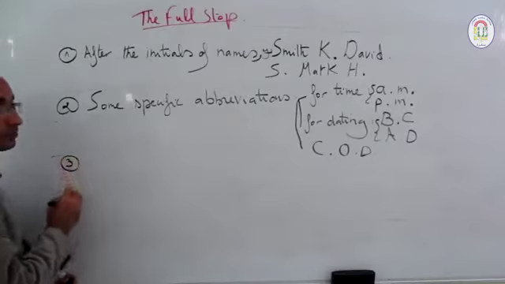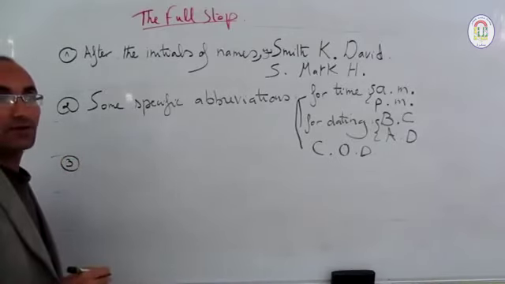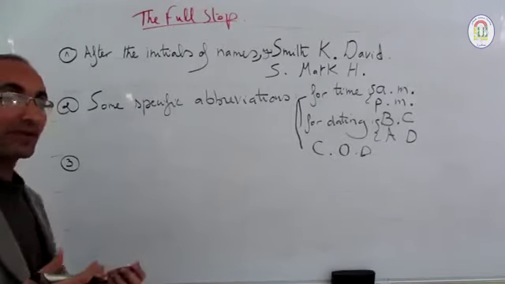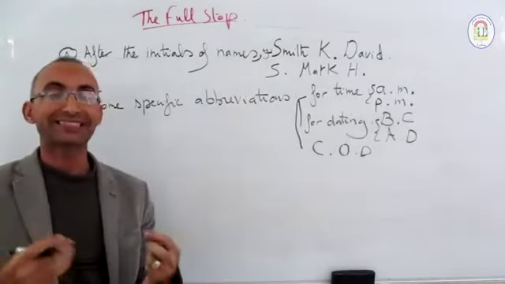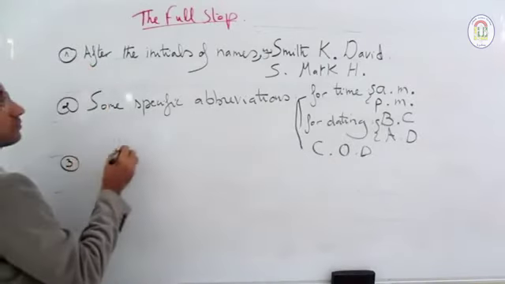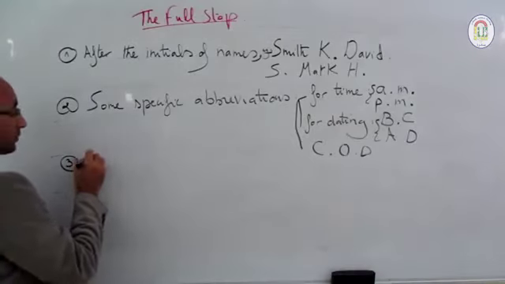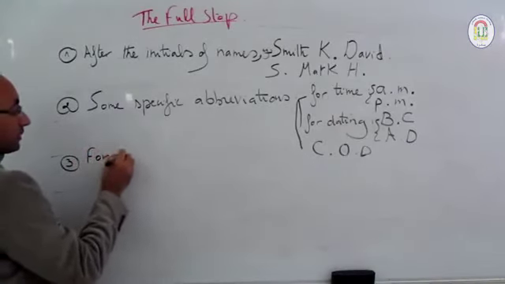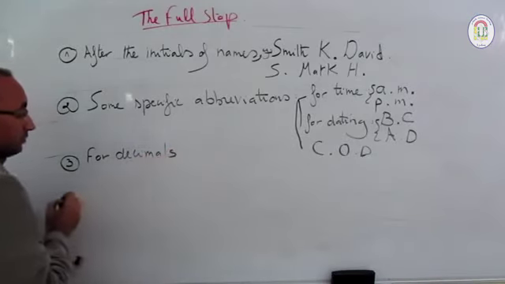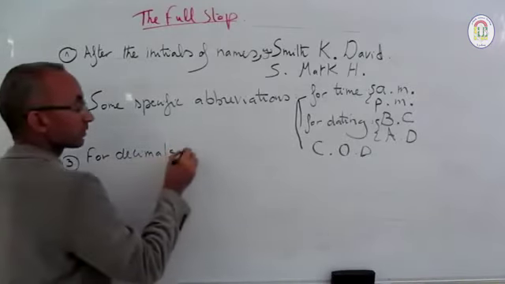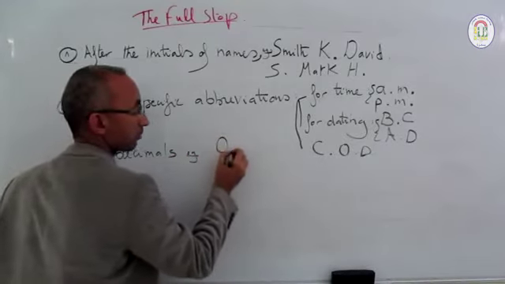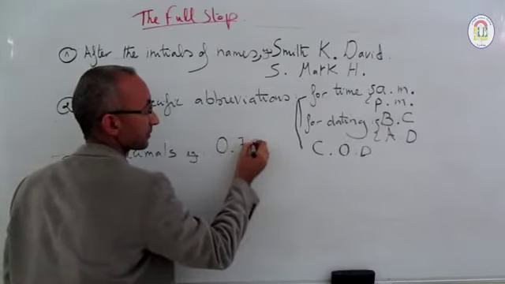Also, we have number 3, the third case: the case of what we call decimals or decimal numbers. These are numbers which are expressed in tenths. For example, for decimals you write 0.75.